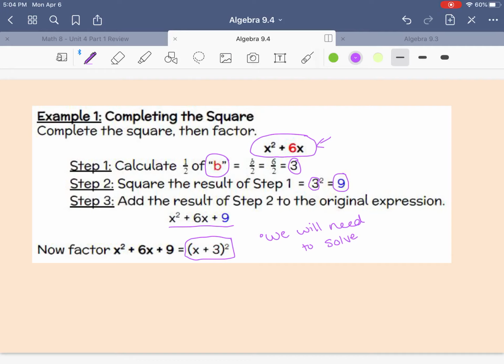Also, if this doesn't look familiar to you, what you are doing is creating a perfect square trinomial. And if you're unsure of what a perfect square trinomial is, we have done this before in our polynomials section.